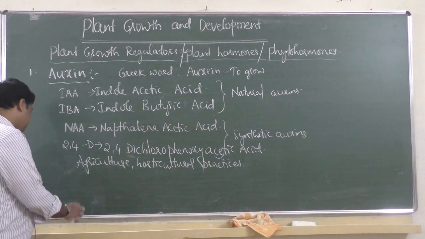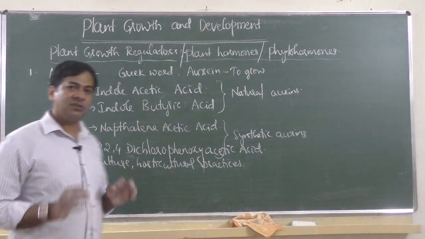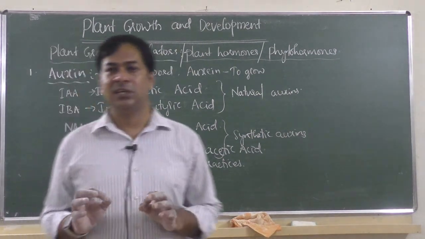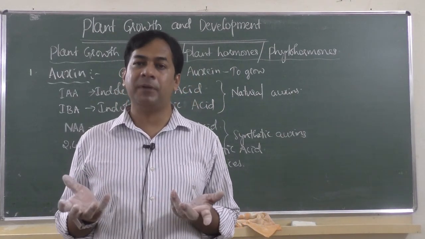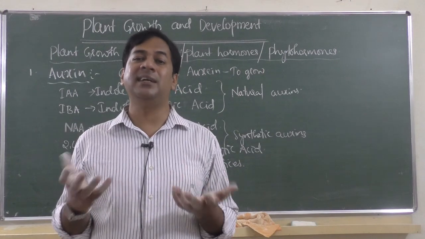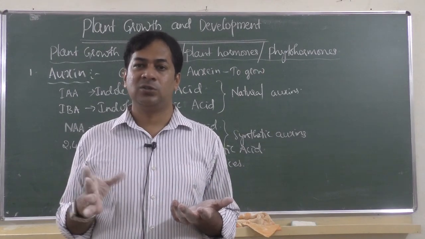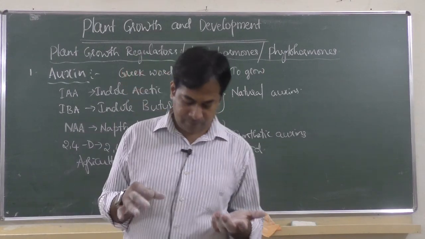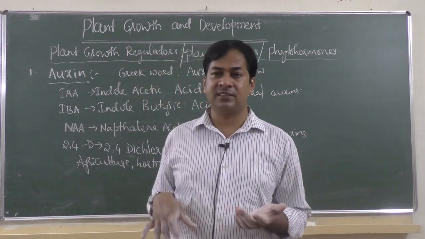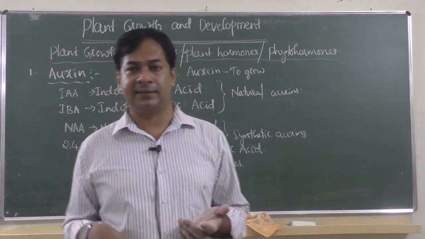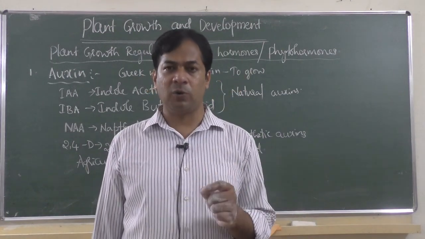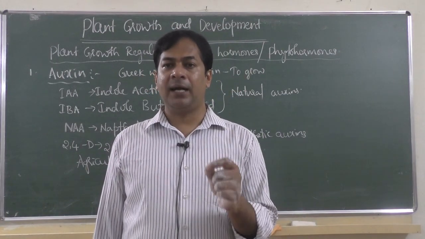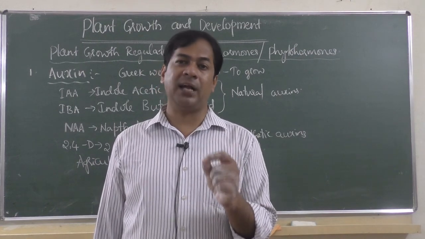Okay, next what we are going to learn is the functions of auxins in plants. Function means if auxins are produced by plants, how does it help the plant to grow, what work does it do in the plant, that we have to see. So it is under the heading physiological effects of auxin on the plant. Physiological effect means how this hormone helps the plant to grow, or how it helps plant physiology.